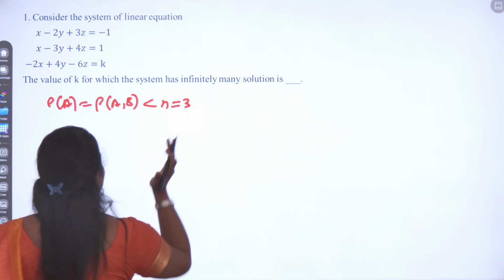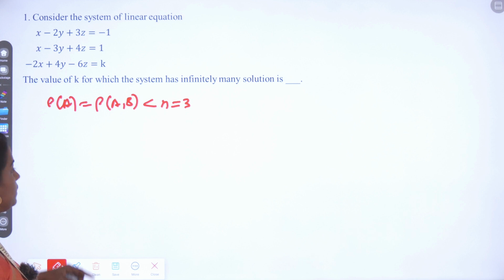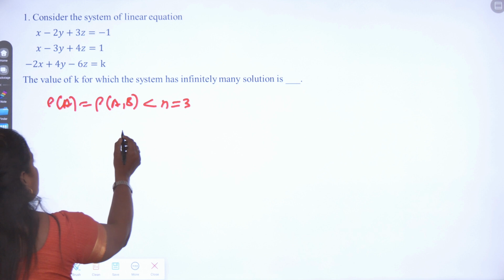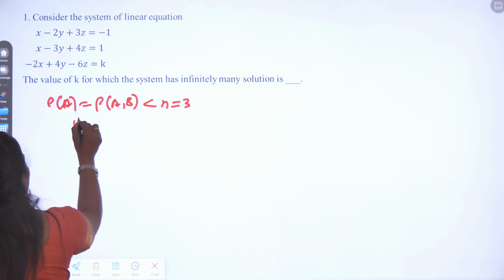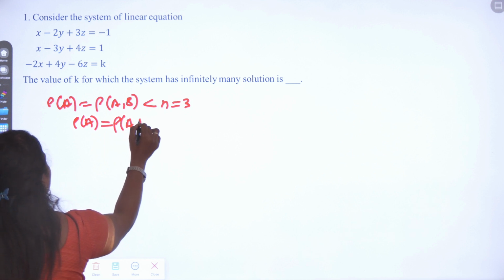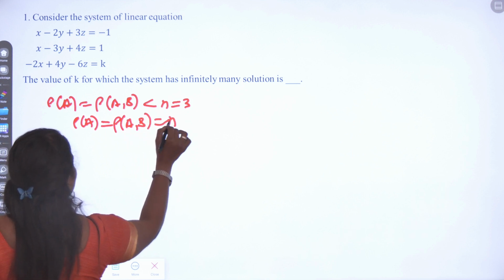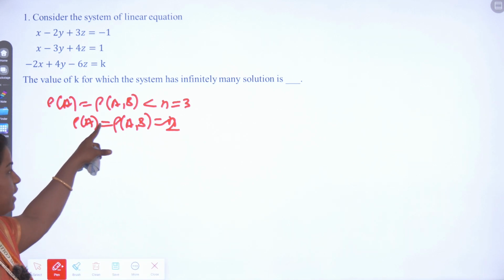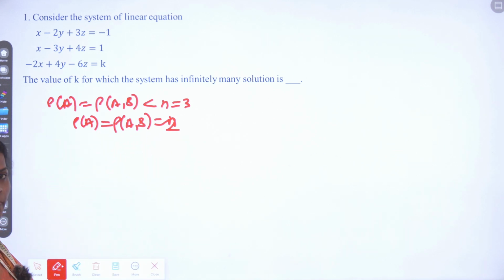In that case, rank of A should be equal to rank of AB, and this should be equal to 2, less than n, less than 3, so it should be equal to 2.